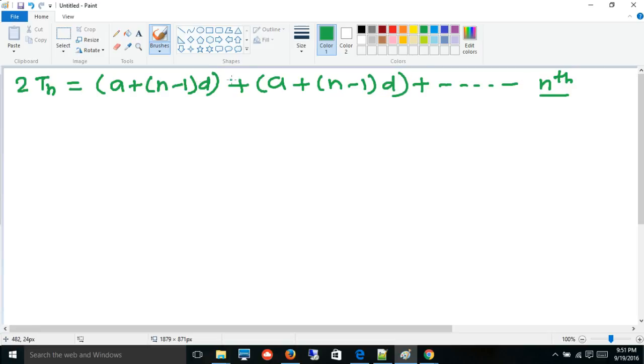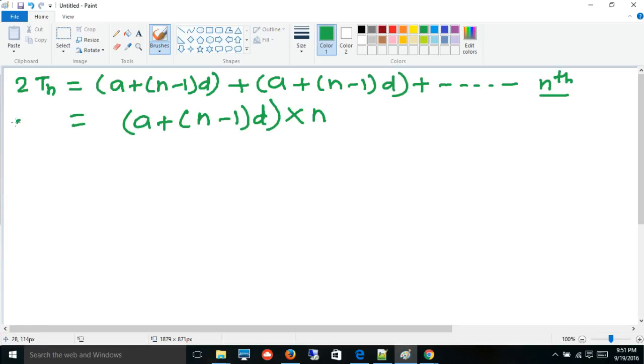N. So in place of writing like this, we can say 2a plus (n minus 1) into d, and into n.